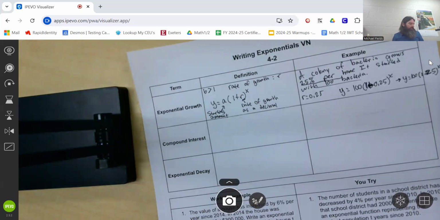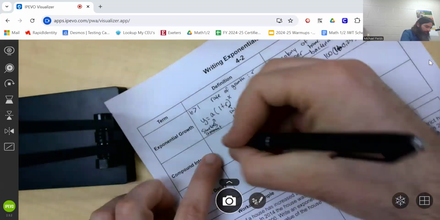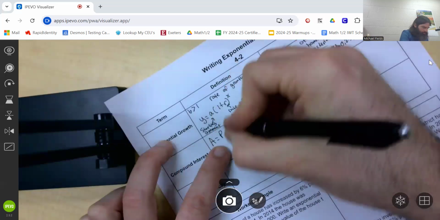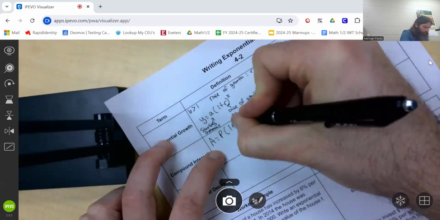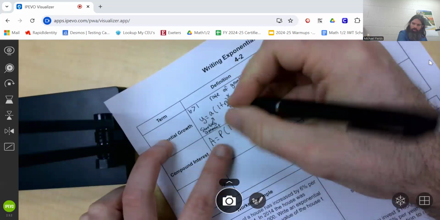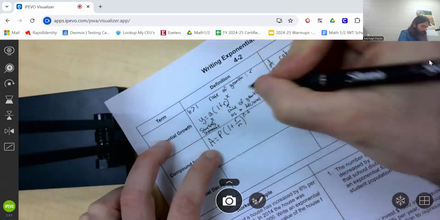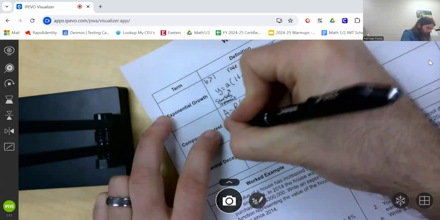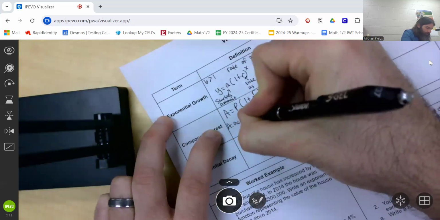Okay, compound interest is a special type of exponential growth, and it has its own formula. So the formula for compound interest is A equals P times 1 plus R over N to the NT power. All right. So A is the account value.